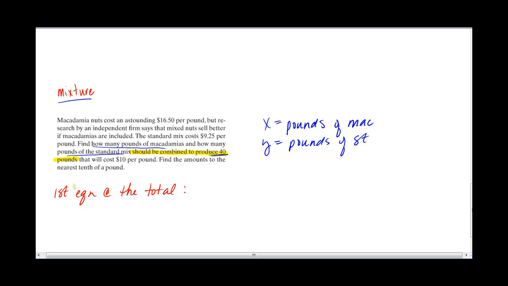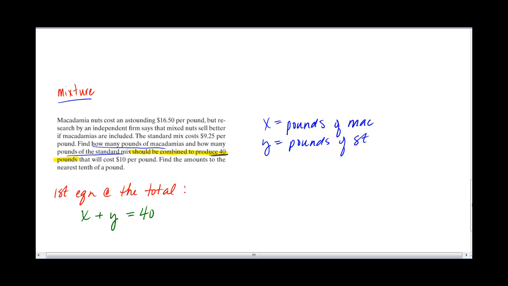That's what we're going to take it as right there. How many pounds of macadamia nuts plus the standard nuts need to be combined to produce 40 pounds. So I have so many pounds of macadamias plus so many pounds of standard gives me my 40 pounds. So that's the total, right? That's what we're looking for in this one.